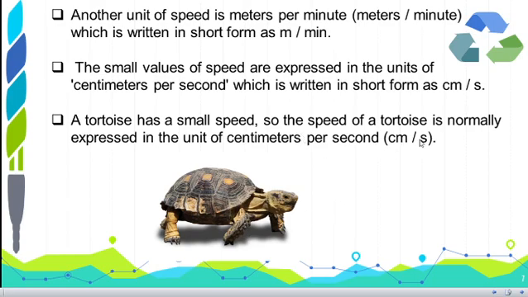The speed of a tortoise is normally expressed in the unit of centimeter per second, which we write in short form as cm divided by s. Sometimes a question will ask for very small speed values, and you express them in centimeter per second. Example: the tortoise.